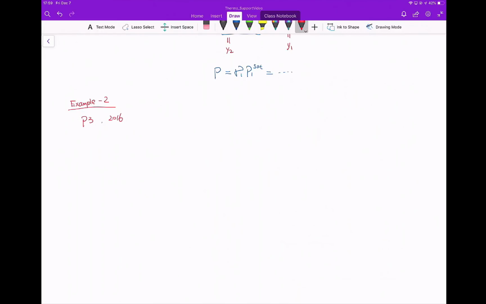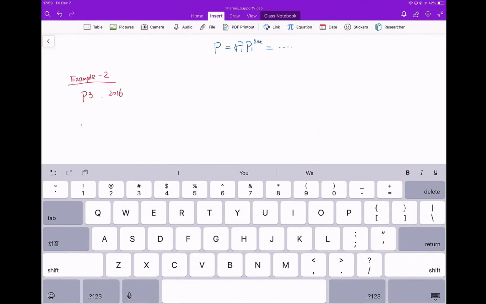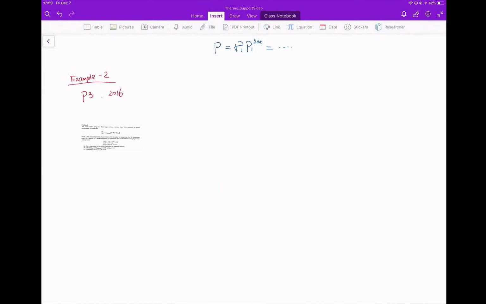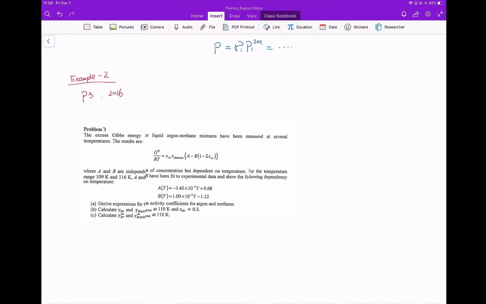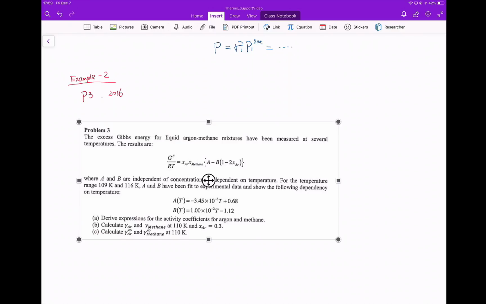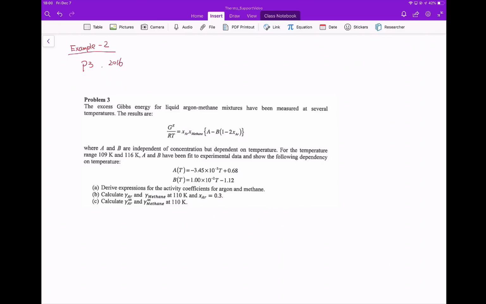Let's try to have the problem. You have this problem still as a general excess property calculation, and we also want to calculate a few extreme activity coefficients at dilution.